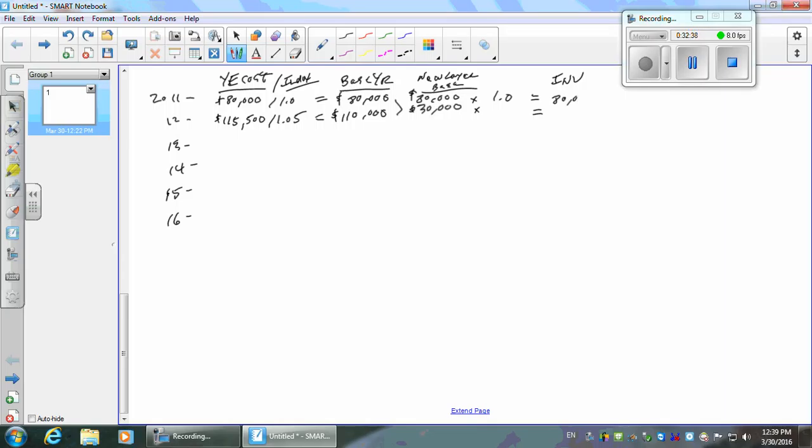So I got 80,000 from the base year. That's base inventory, the LIFO layer. So there's layer 1. Got it? Then what do I add to that? 30,000 new layer, but what did those cost me? 1.05, right? So what's 30,000 times 1.05?